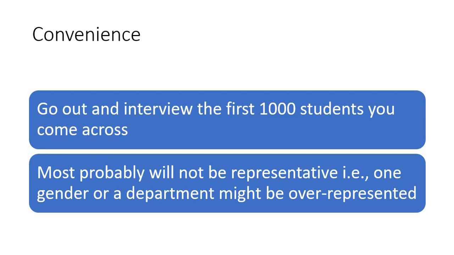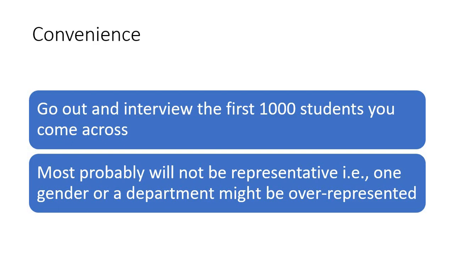For example, we might end up collecting data from 800 male students and only 200 female students, or because we are collecting data on the basis of convenience, we might end up collecting data only from 3 departments out of, say, 70 departments.